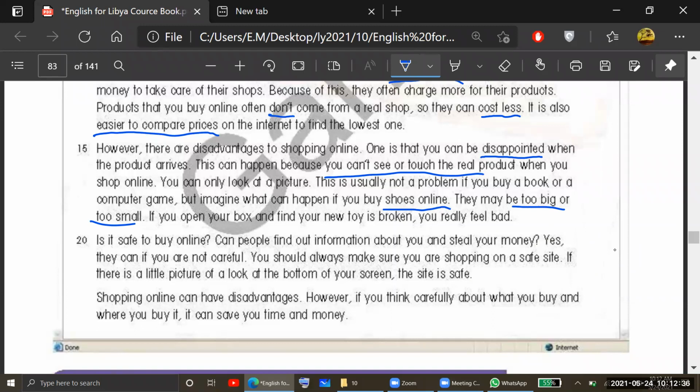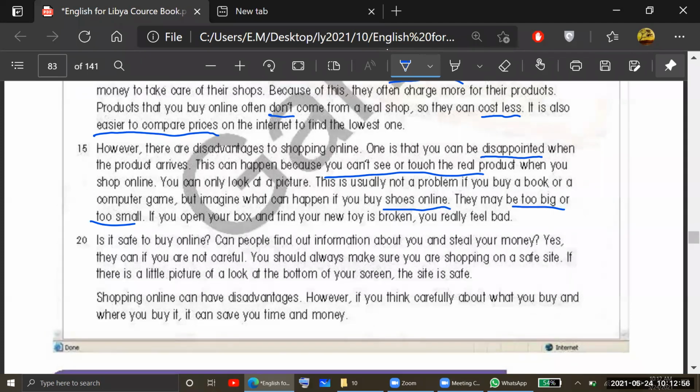If you open your box and find your new toy is broken, you really feel bad. You see? So one very important thing is that you may get disappointed.